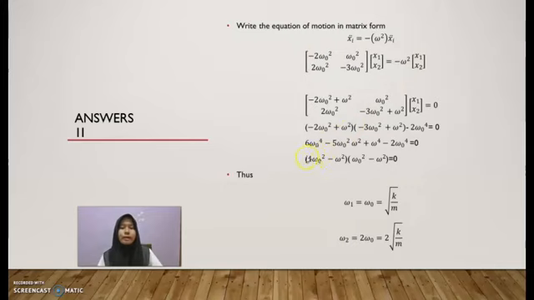At last, we get the equation (omega naught squared minus omega squared)(2 omega naught squared minus omega squared) equals 0. So we get the frequency omega 1 equal to omega naught, which is equal to the square root of k over m. And the same goes for omega 2, equal to 2 omega naught, so it is equal to 2 times the square root of k over m.